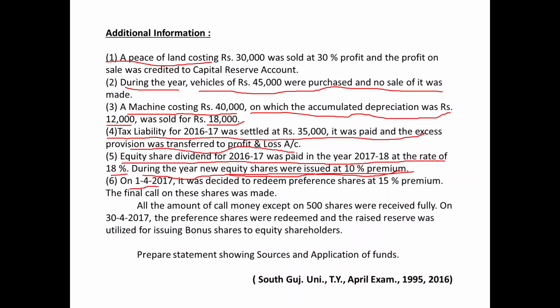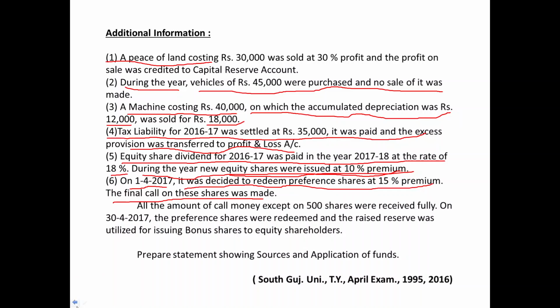So let us verify point number 6. On 1st April 2017, it was decided to redeem preference shares at 15% premium. The final call on these shares was made. It means here preference share capital, whatever it is given in the balance, must be partly paid up share capital, and that is why the final call instruction has been given.